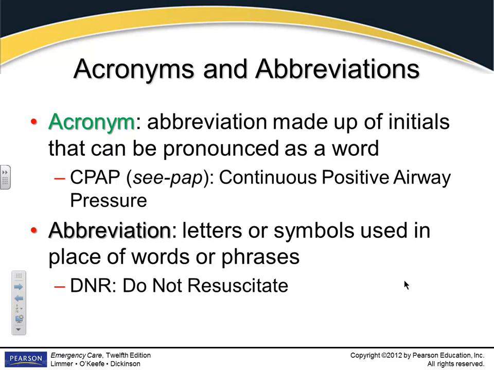How many of you are familiar with CPAP? You know people that use that at night to help them breathe. We use a form of it on the ambulances, and it's quite effective. CPAP, continuous positive airway pressure. It kind of blows air in and just keeps a little bit of air flowing through there all the time. We mentioned this the other night, DNR, do not resuscitate.